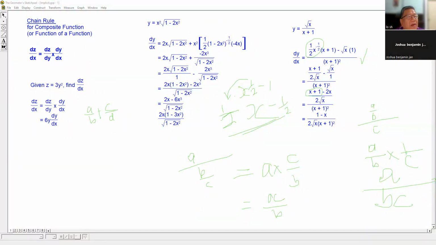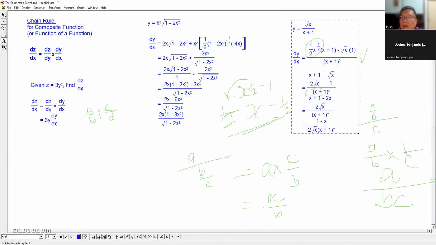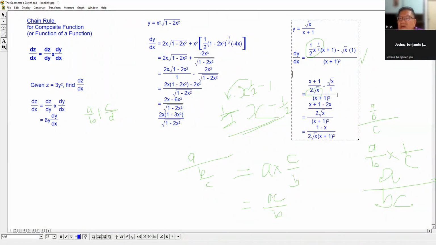Let me separate them out so that you can see clearly, right? See, then this one, this is another one. Then this one, another one.